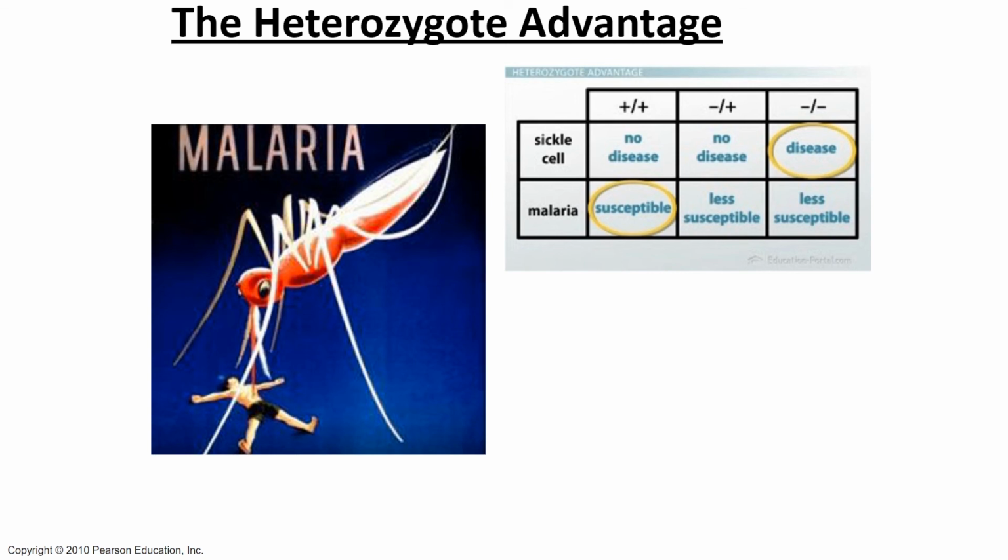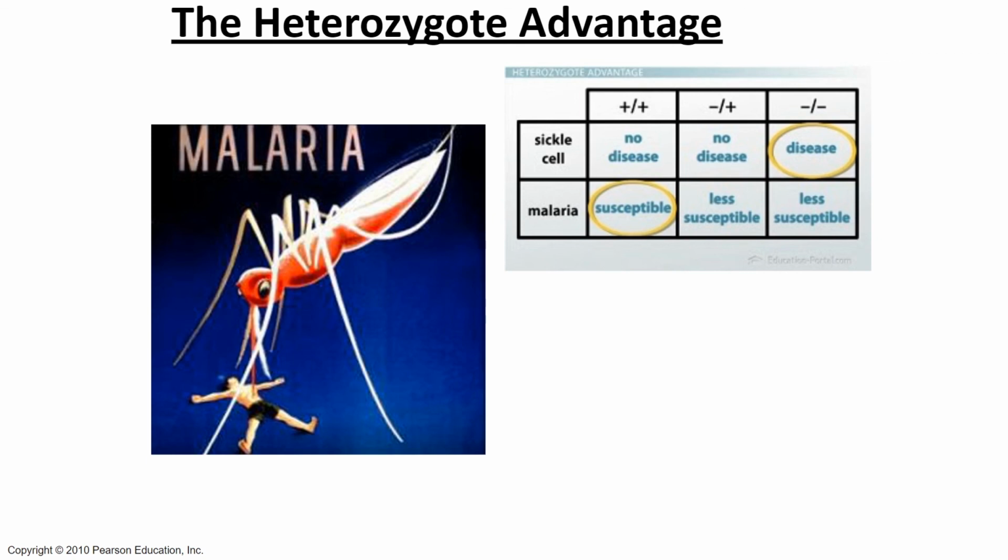But something very fascinating occurs in someone who is a carrier for sickle cell anemia, aka the heterozygote individuals. Having one functional allele and one damaged allele does not cause sickle cell anemia, but still provides some protection against infection from malaria. Those that do not have the mutation and are homozygous dominant are more likely to get malaria, and individuals who are homozygous recessive have sickle cell anemia.